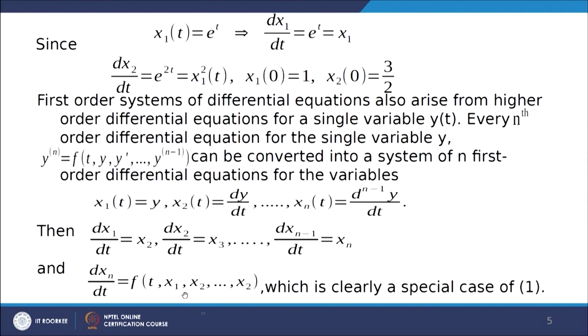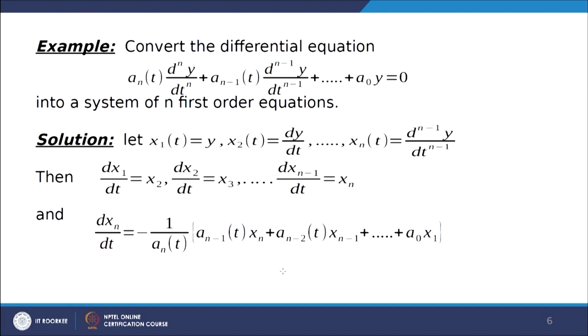It is a system of n first order equations, dx1/dt equal to x2, dx2/dt equal to x3, dx(n minus 1)/dt equal to xn, and the nth equation is dxn/dt equal to f(t, x1, x2, ..., xn). So, this is a special case of the system given by equations 1.